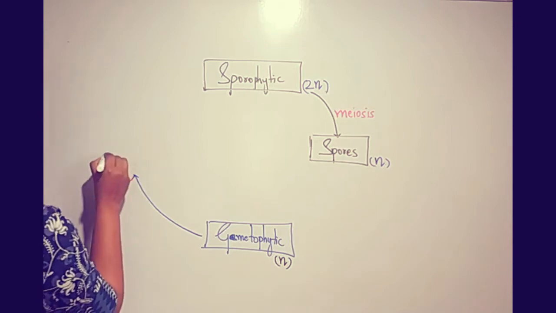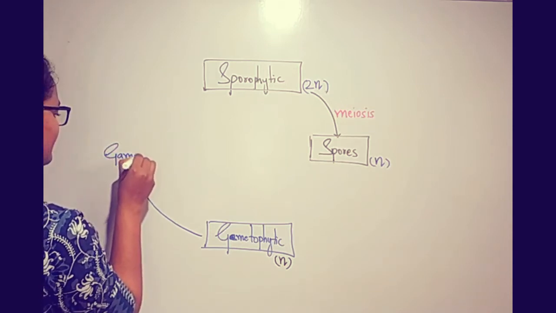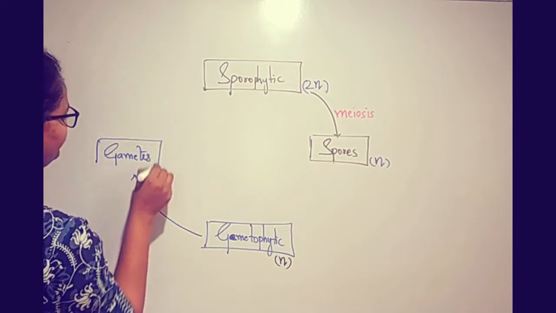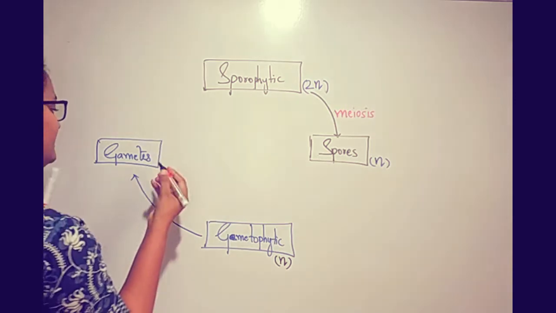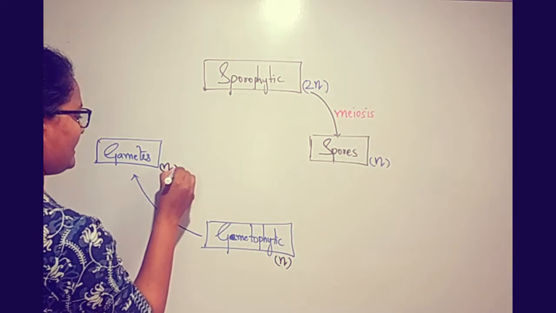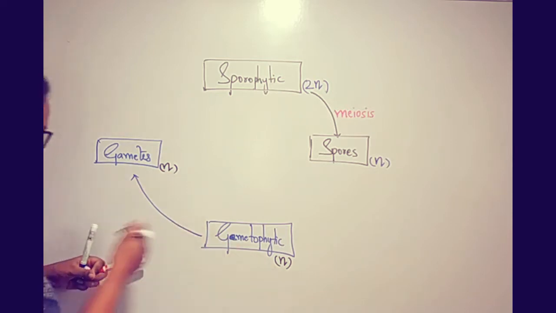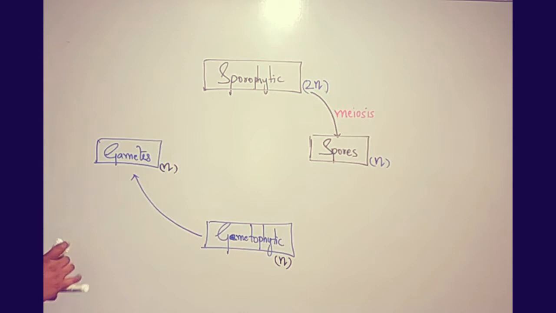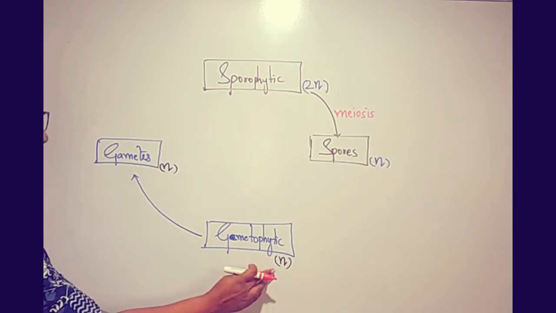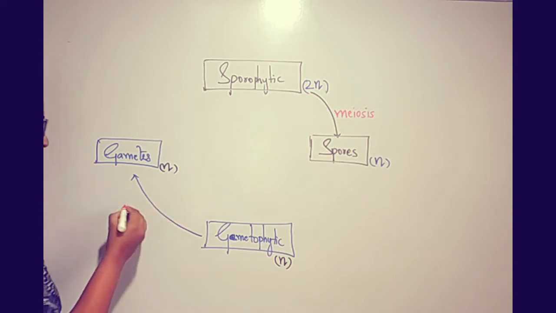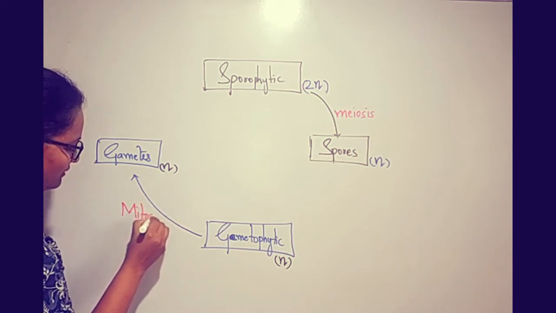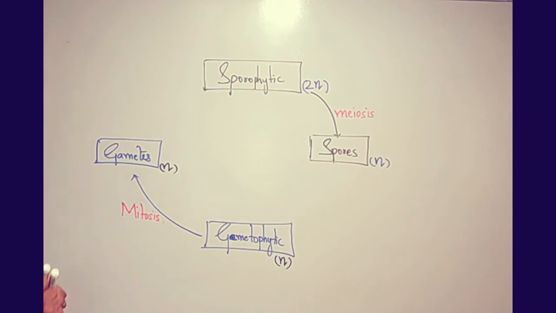The gametophyte's function is to produce gametes, and these gametes are again haploid. From a haploid plant body to haploid gamete production, in which division do we maintain the same number of chromosomes, n to n or 2n to 2n? It is mitosis.